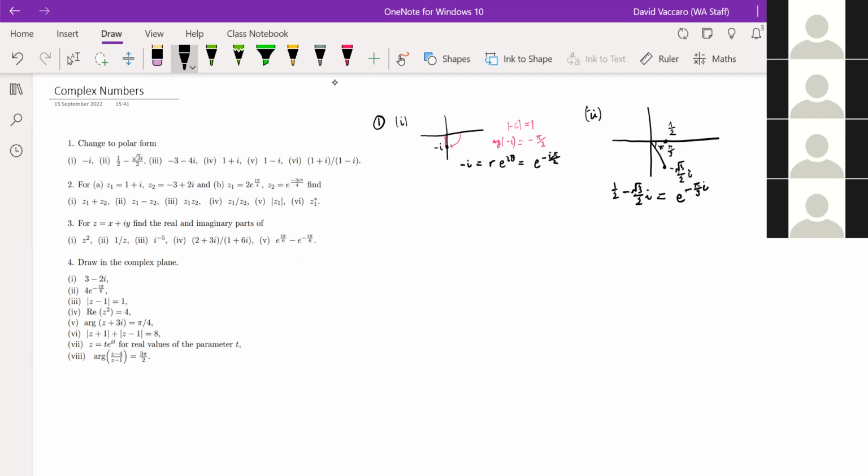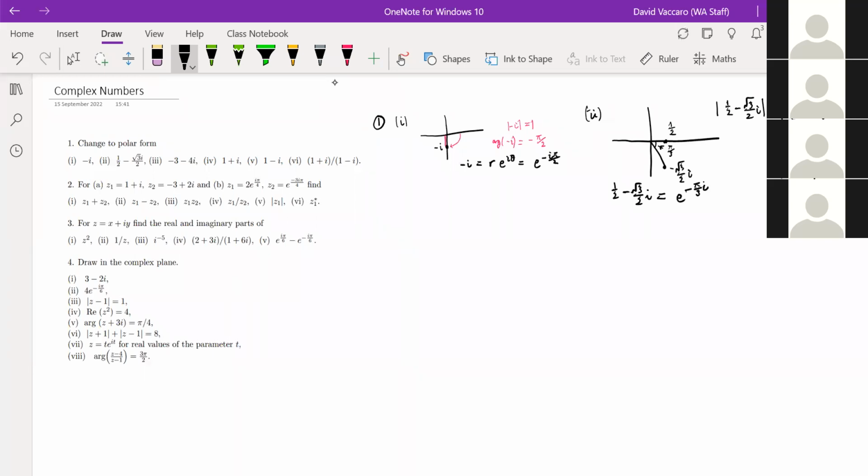I'll just double convince you that the modulus is 1. So the modulus of 1/2 minus root 3 over 2 i is the square root of 1/2 squared plus root 3 over 2 all squared, which is the square root of 1/4 plus 3/4, which is the square root of 1, which is 1.